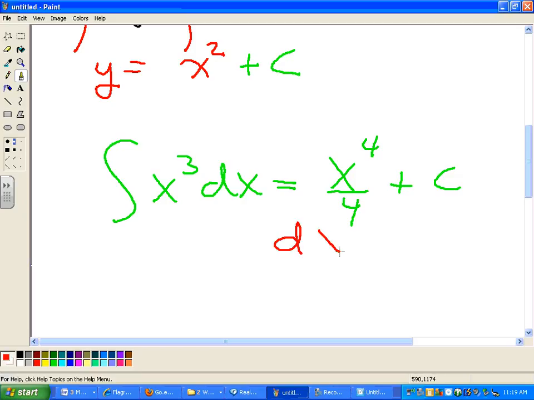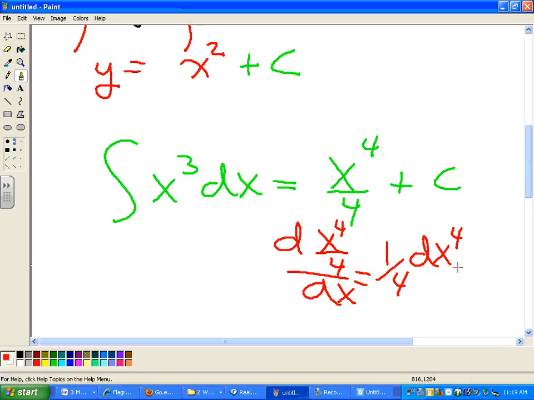So if I asked you to take the derivative of x to the 4th over 4, you realize that's like a fourth. What happens to the 4 when you take the derivative?